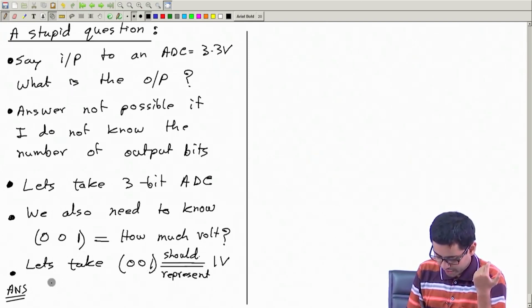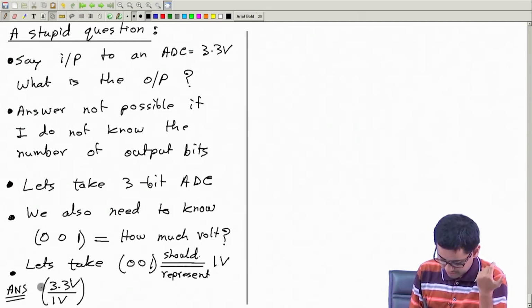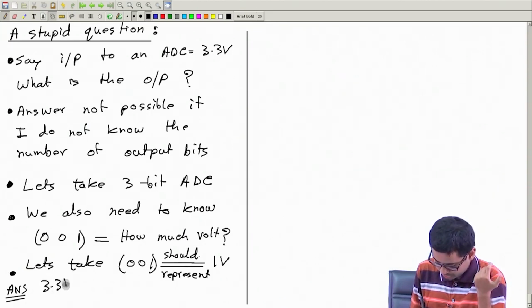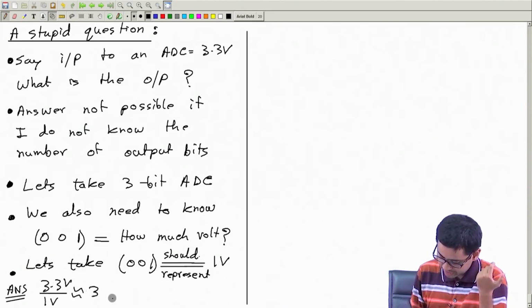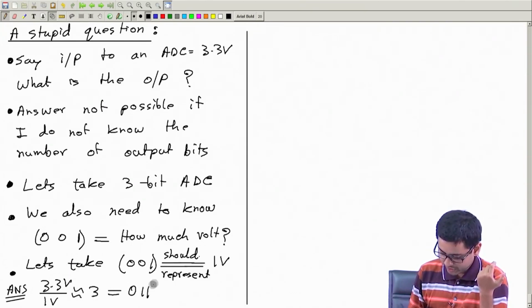So, now if I divide 3.3 volt divided by 1 volt, this is approximately equal to 3. So this is equal to 0, 1, 1. Okay, so this will be the output.